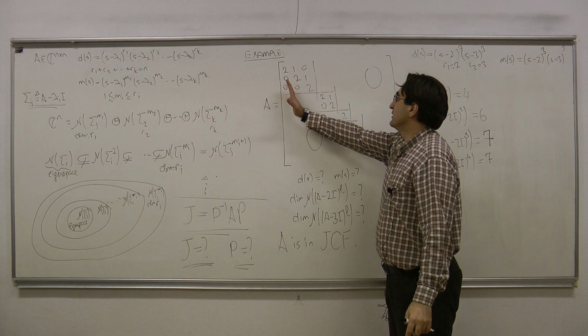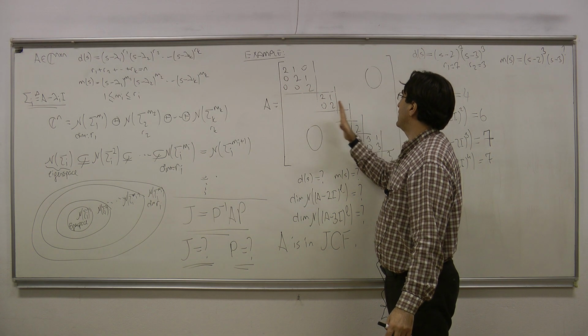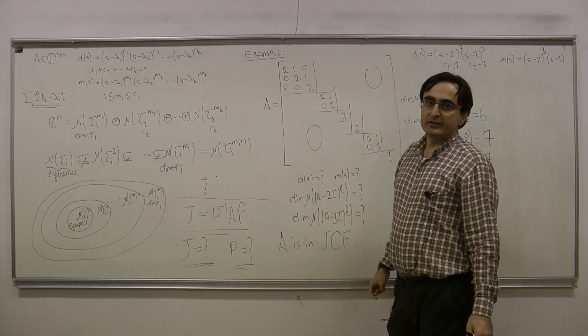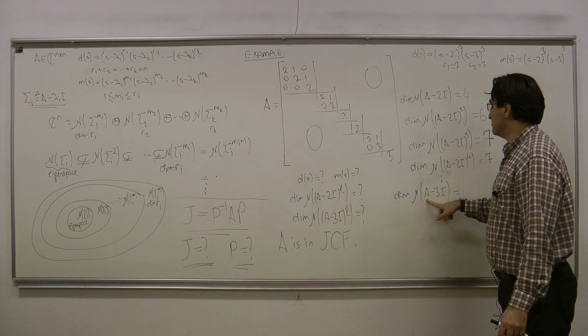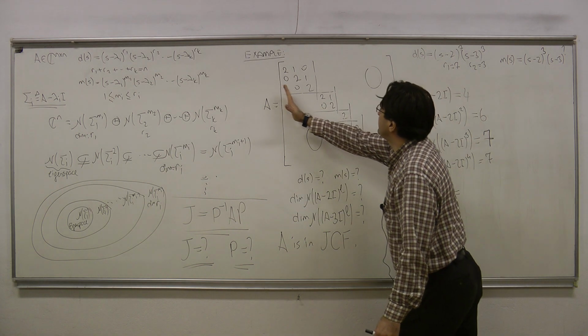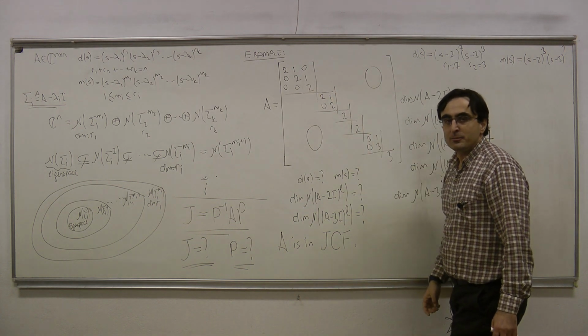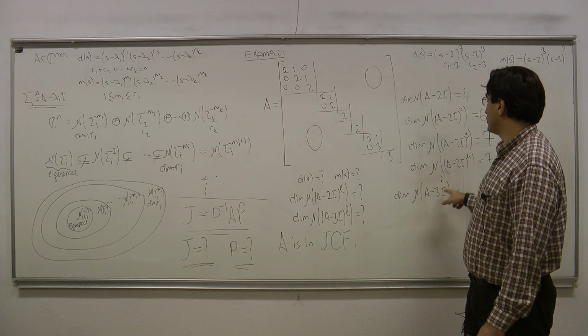And in that case, you can see that all of these columns belonging to the other eigenvalue 2 would be linearly independent. So when I look at the powers of the matrix A minus 3 identity, these 7 columns will not be able to change the null space dimension at all. I can take the square of this matrix.